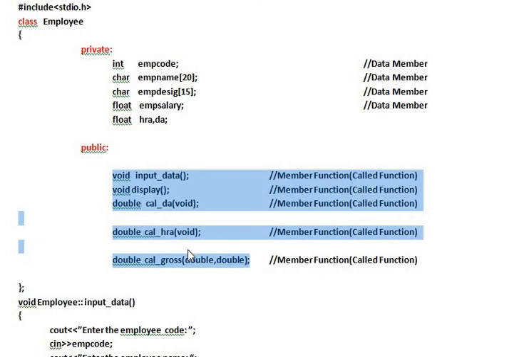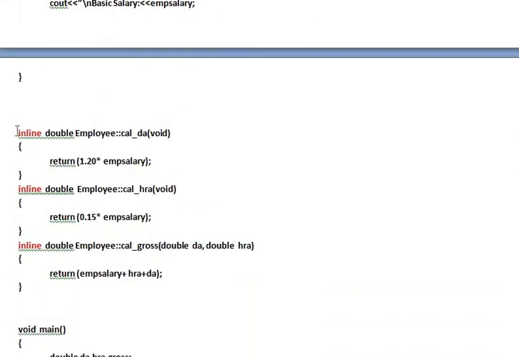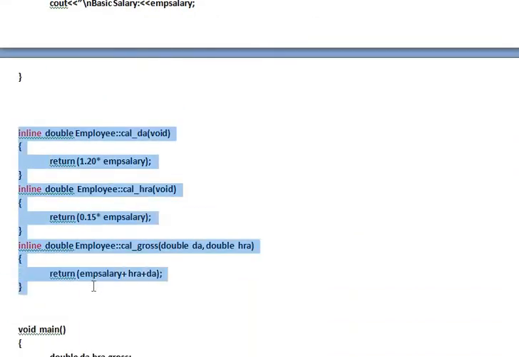Now if you see these member functions, input data, display, cal da, cal hra, cal gross, they are defined outside of this class. And the member functions cal_da, cal_hra, and cal_gross are explicitly mentioned as inline with the help of this keyword inline.